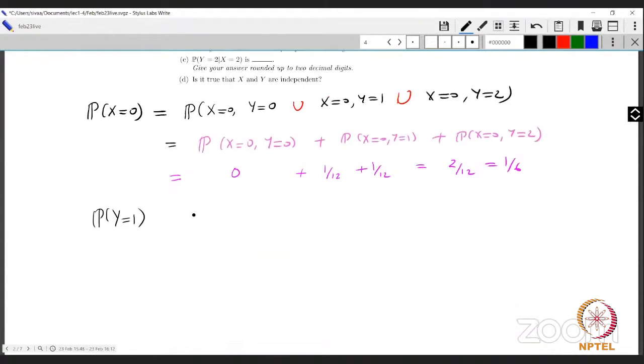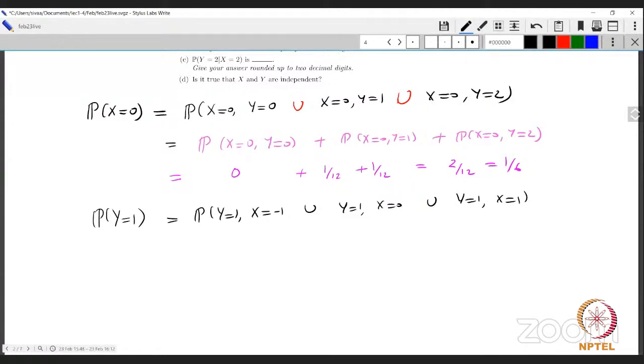Again, when y is 1, you know that y equal to 1 and x equal to minus 1, or y equal to 1 and x equal to 0, or y equal to 1 and x equal to 2.